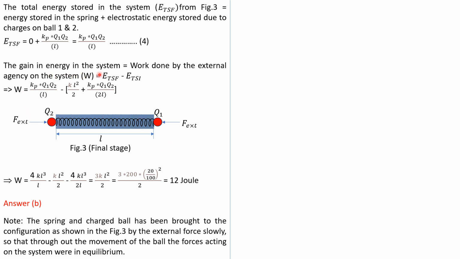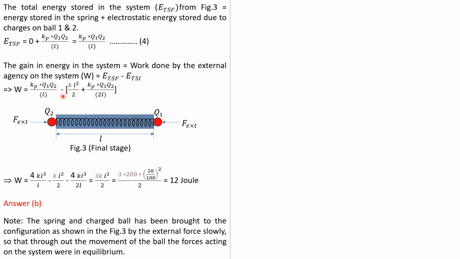So the gain in energy in the system will be equal to the work done by the external agency on the system, W, that is ETSF minus ETSI, and we put the values of ETSF and ETSI from the equations we have obtained.